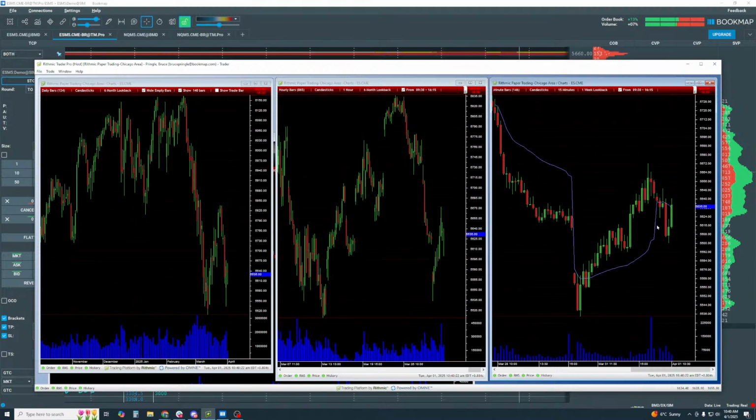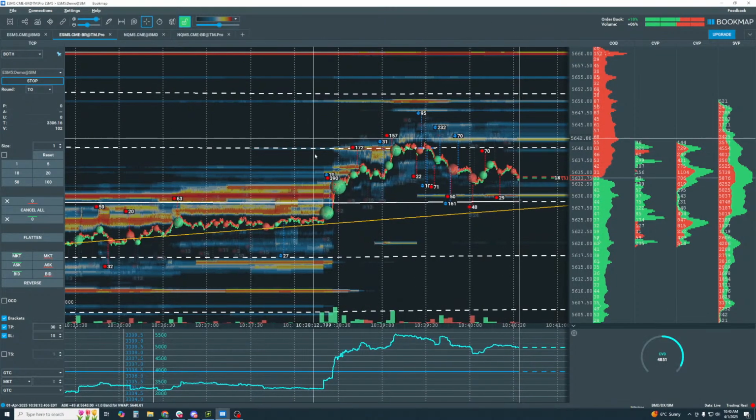Here, I did put the VWAP on here. So yeah, we're trading into it right now and through it.